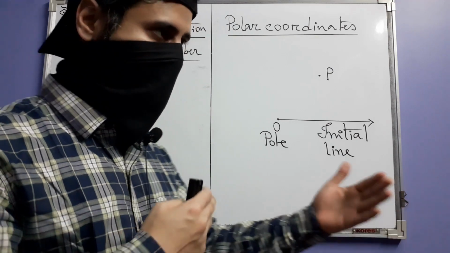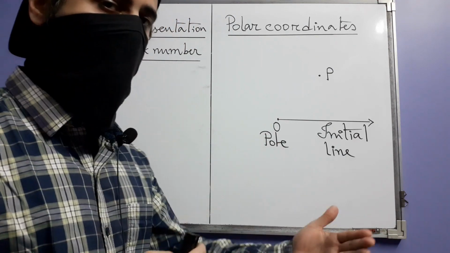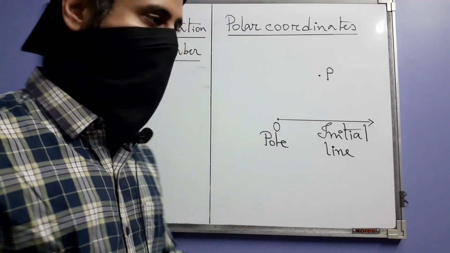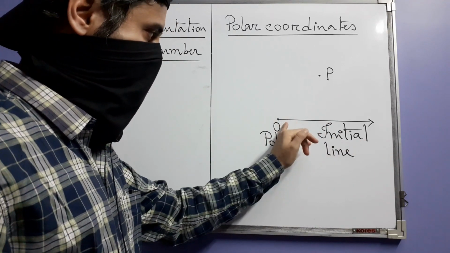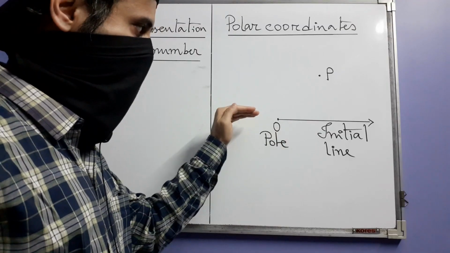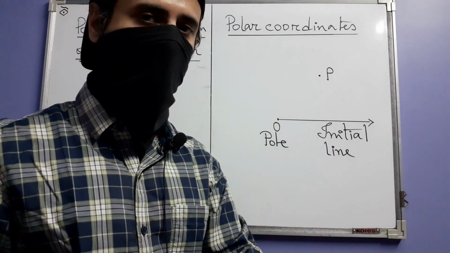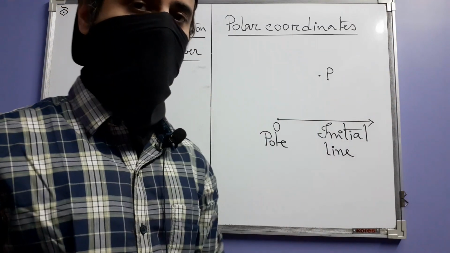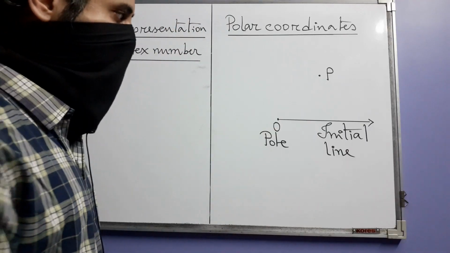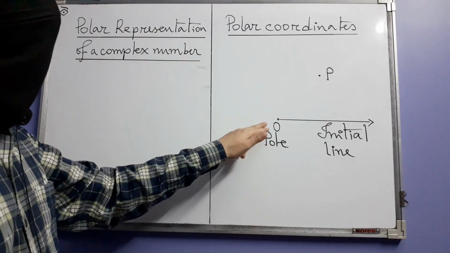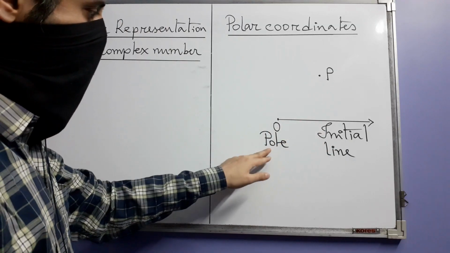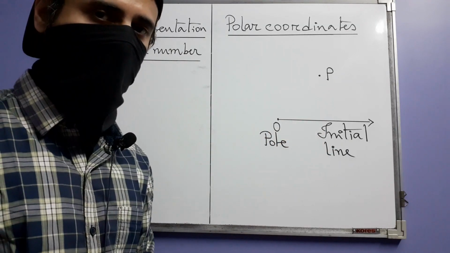It's a ray, half of a line, bounded on one side. It starts from this point and then goes in one direction indefinitely. This line is called the initial line, and the point from where it starts is called the pole.